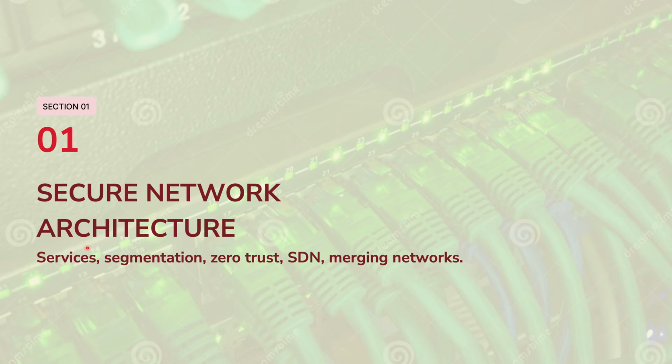Now, why is secure network architecture important? The 2017 Equifax breach succeeded largely because of the flat network design and unsegmented internal systems.